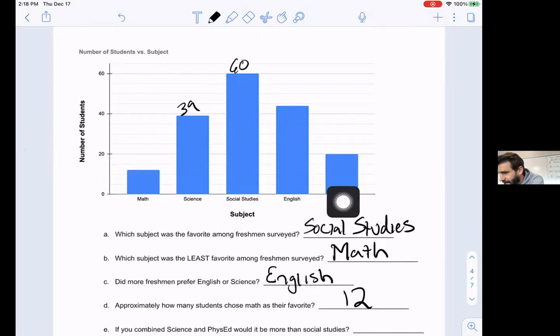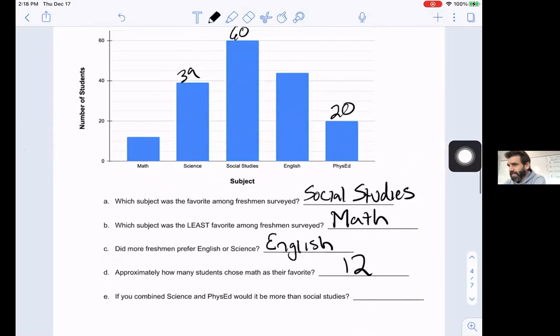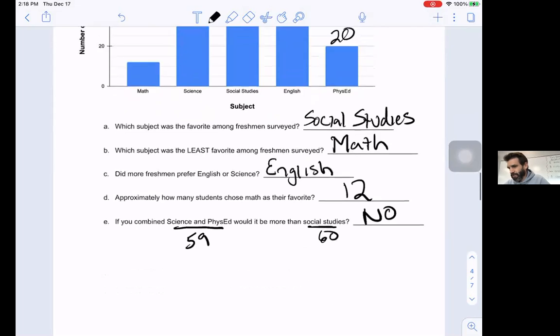In phys ed, I'm going to look at that. It's 20. Oh, so this is 60 versus 59. No, it is not. So no, because social studies was 60. And if I combine those two together, it was 59. So science and phys ed together don't have as many as social studies.